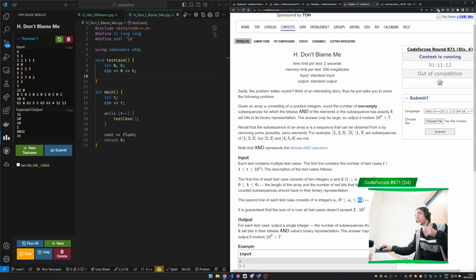You could brute force for each of these. How many subsequences?